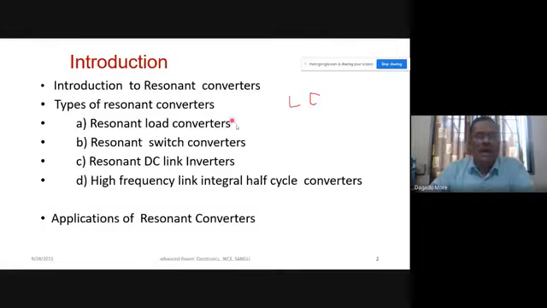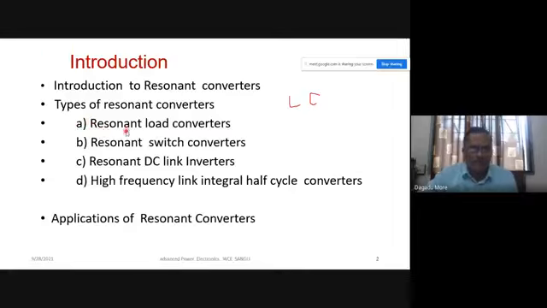So whenever the resonant circuit is part of the load, our load is an RLC load, and this RLC load may be a series RLC load or parallel RLC load, and that may have a resonance. So here the LC circuit, which we can call a resonant circuit, may form part of the load.